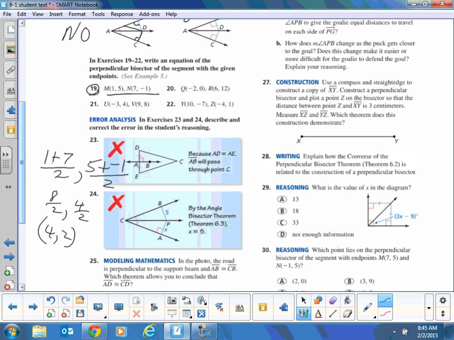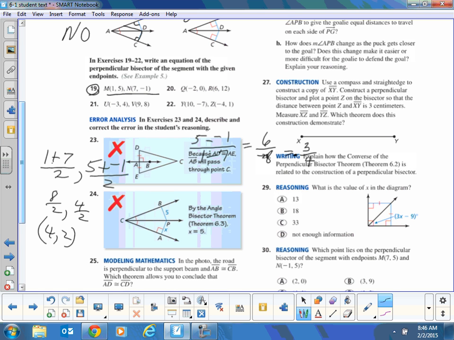So I'm going to find the slope of it. 5 minus negative 1 over 1 minus 7 is equal to 6 over negative 8, which is negative 3/4.